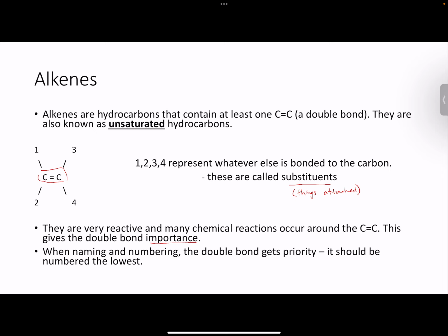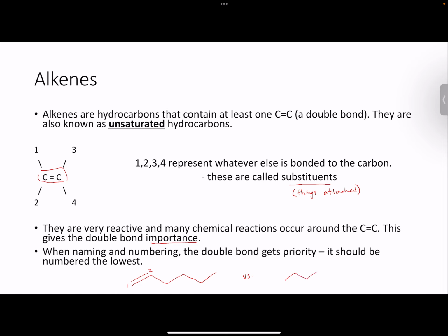So when we're naming these, we start the numbering on the side of the molecule where the double bond is closest. So if we've got a chain, let's say here, a hexane chain again, if the double bond is on the first and second carbon, we'll start the numbering from that side.